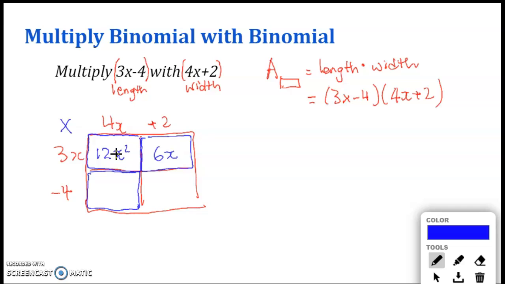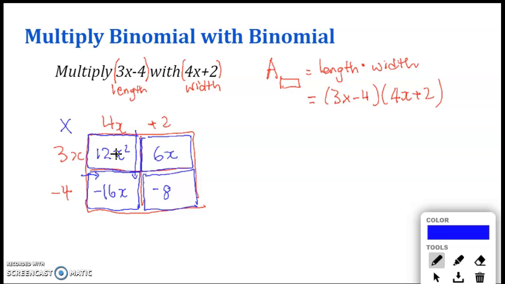So you're multiplying 4x times negative 4. 4 times negative 4 is negative 16, and then x. And finally, you're finding this area. The length is 2 and the width is negative 4. So 2 times negative 4 is negative 8.